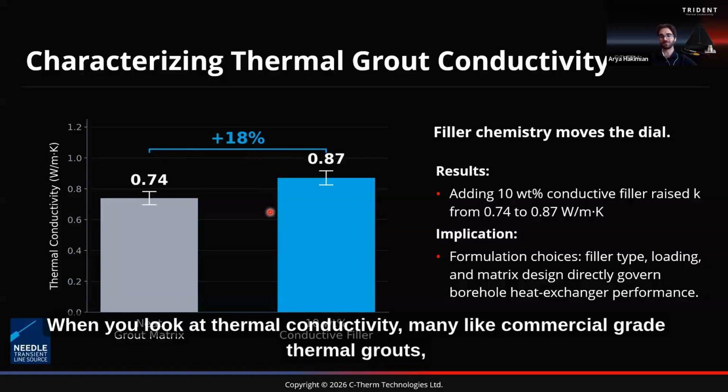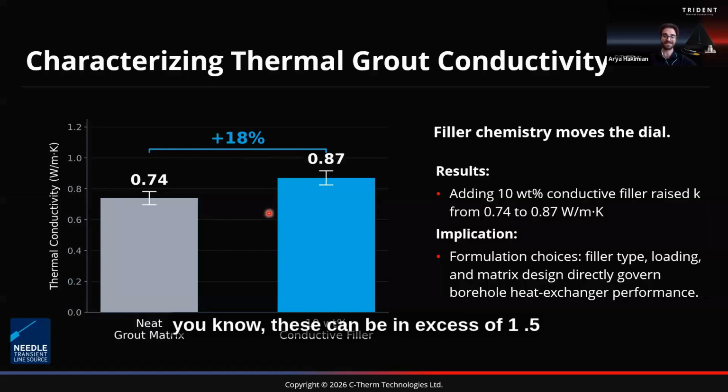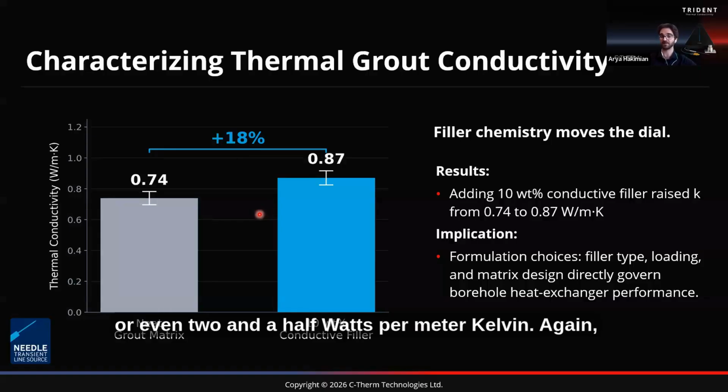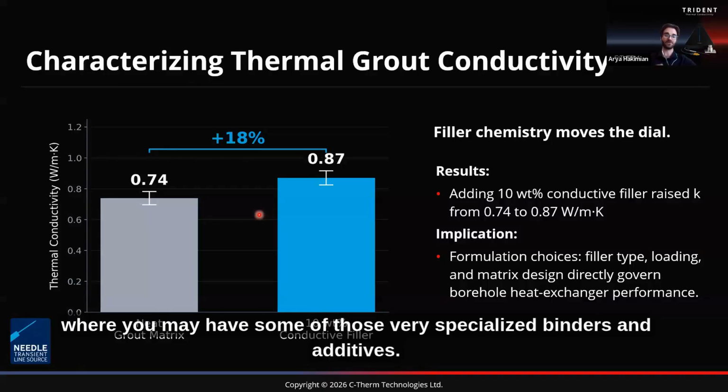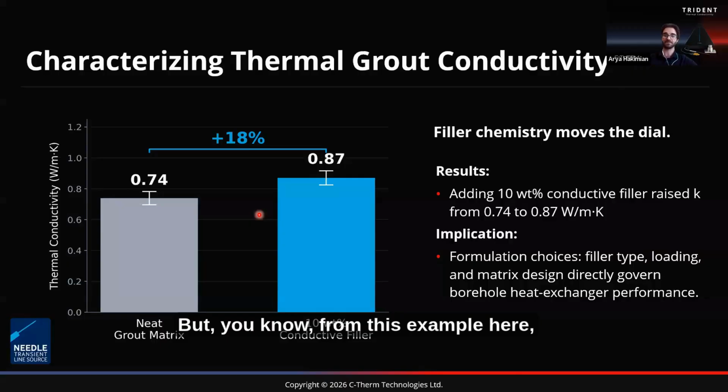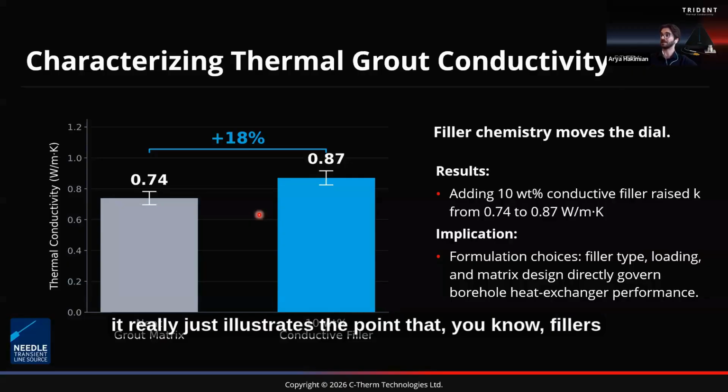When you look at the thermal conductivity of many commercial grade thermal grouts, these can be in excess of 1.5 or even 2.5 watts per meter Kelvin, where you may have some very specialized binders and additives. But this example really illustrates the point that fillers are a big part of what drives the performance.